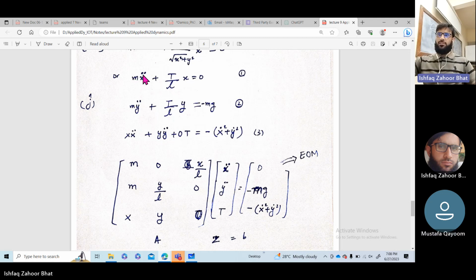So we write these three equations in terms of matrices. But how? x double dot has m as the coefficient, y double dot is not here so it has 0, and t has x by L. So m times x double dot, 0 times y double dot, x by L times t, equal to 0. This is the first equation. What is the second equation? m y double dot plus y by L t.